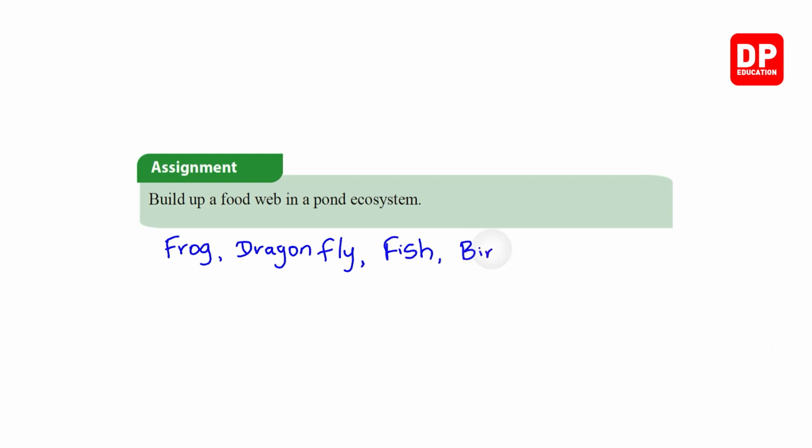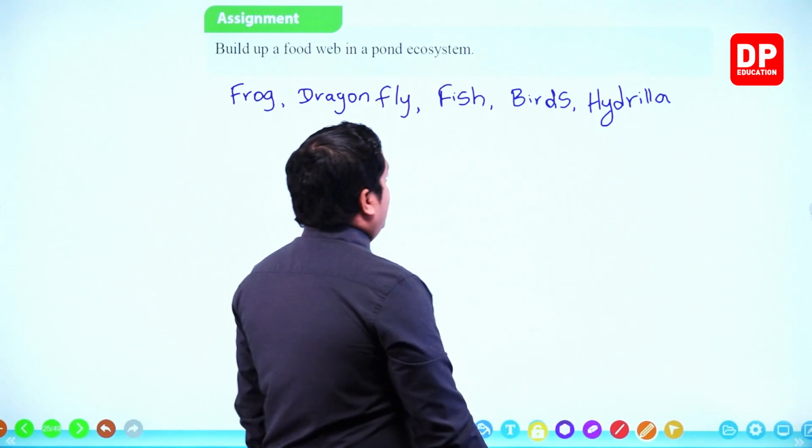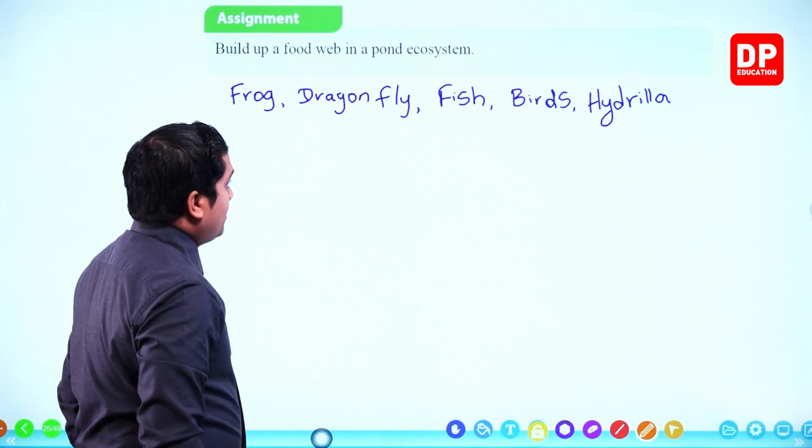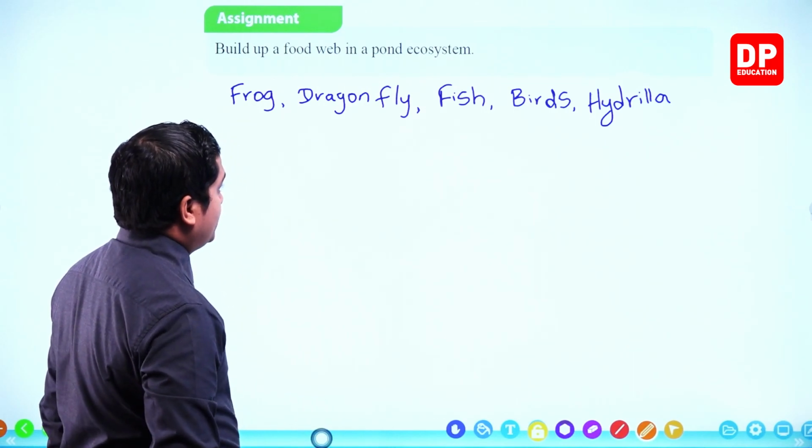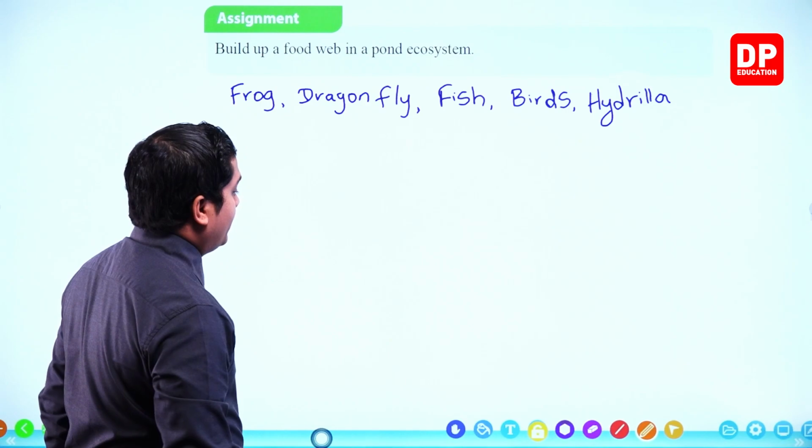Kingfisher and magpie both can be observed, no, birds. Right, so there are 1, 2, 3, 4, 5 organisms. So let's make a food web then.